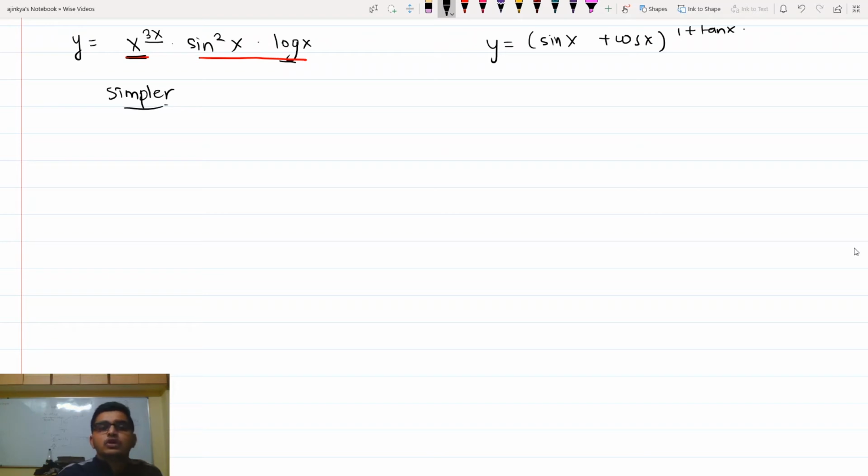Right? So the main objective behind solving logarithmic differentiation is that you need to understand how to make the functions less complicated.